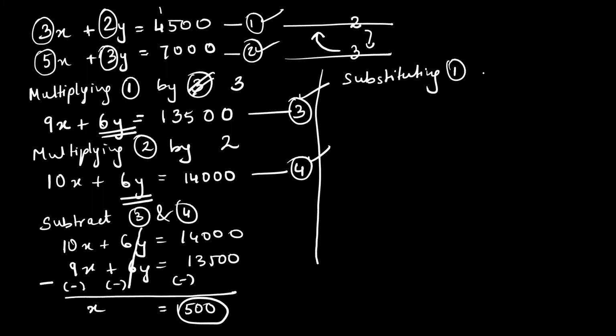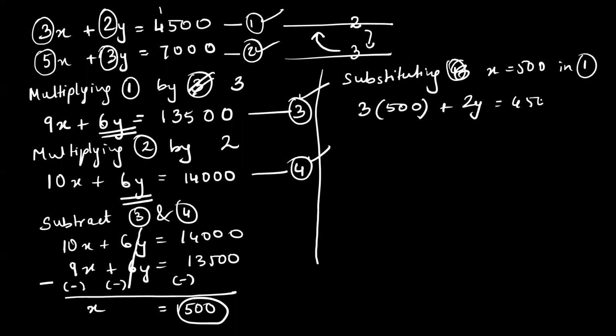Equation 1 seems easiest to me. So substituting x is equal to 500 in equation 1, wherever x is there, we can put 500. So I'll get 3 into 500 plus 2y is equal to 4,500.